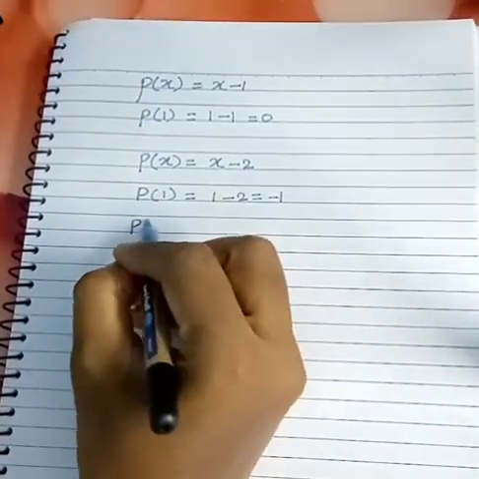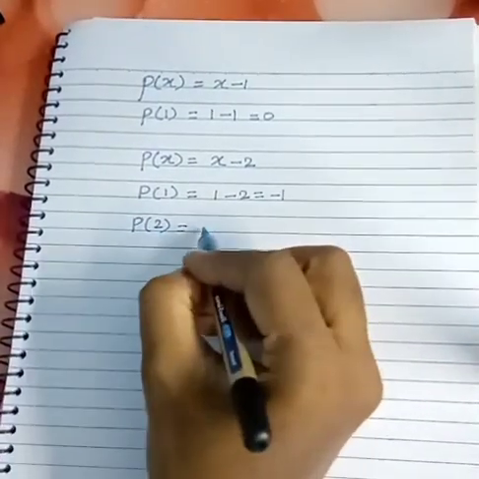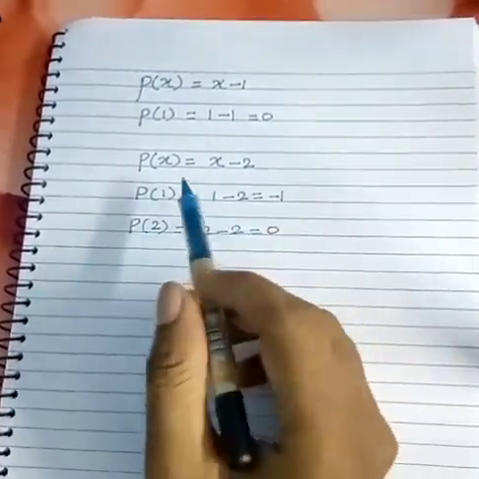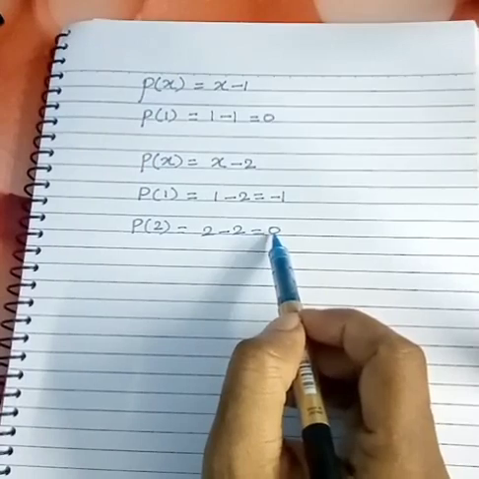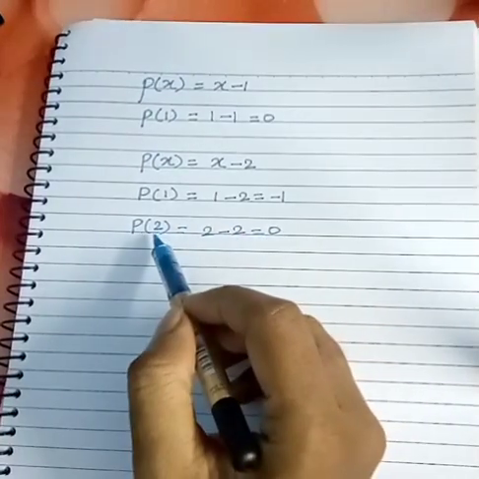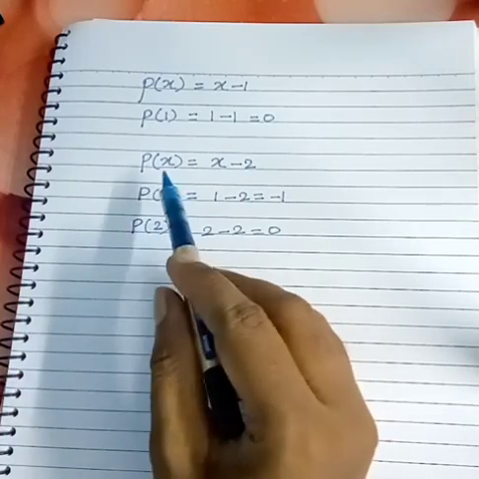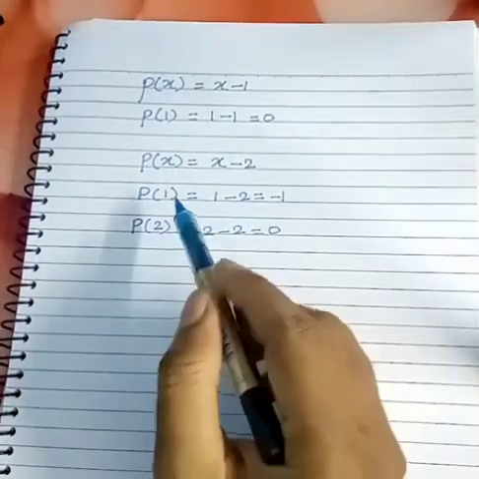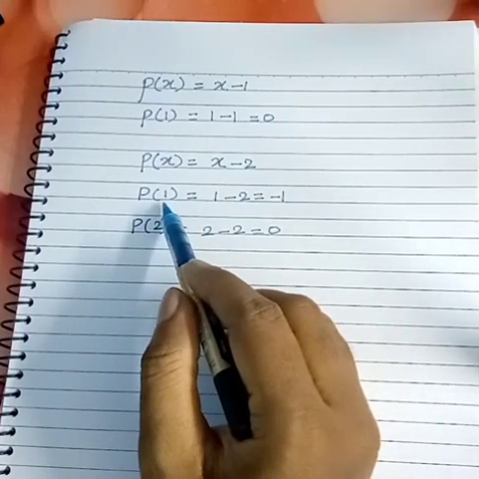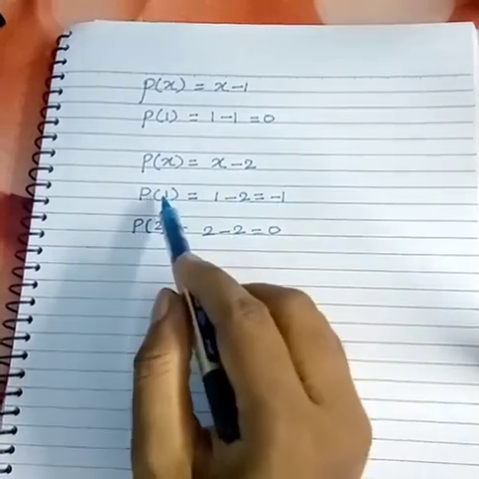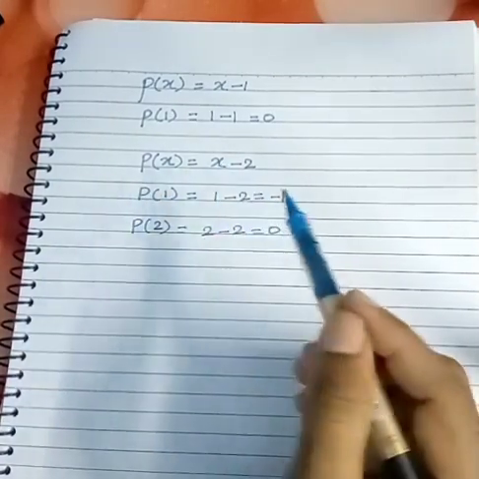Now try to find p of 2, that is 2 minus 2, which is 0. So the polynomial value becomes 0 when we substitute 2 instead of x. So 2 is called a zero of the polynomial p of x. Here when we substitute 1, we did not get 0. So 1 is not a zero of the polynomial.